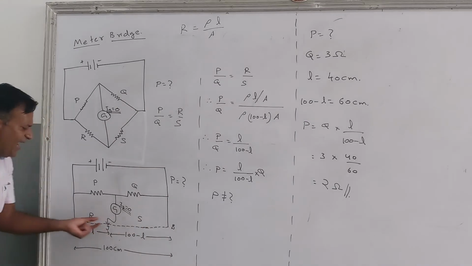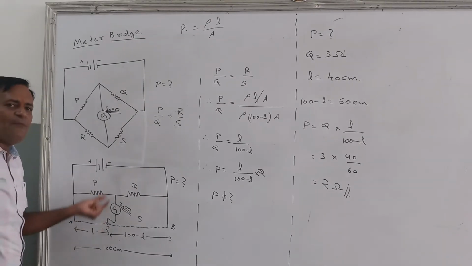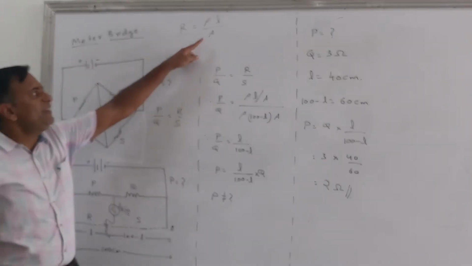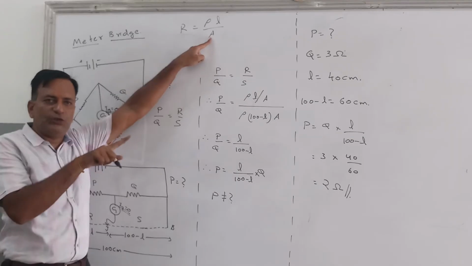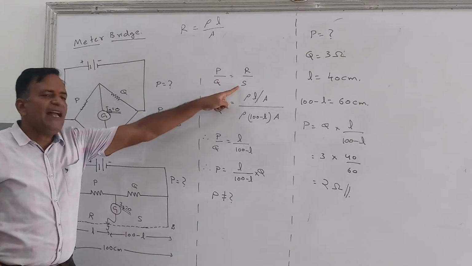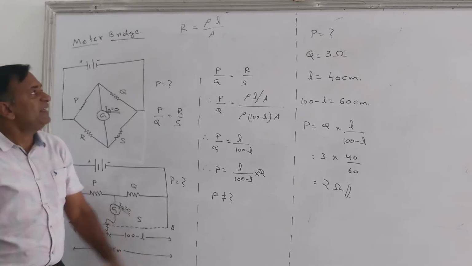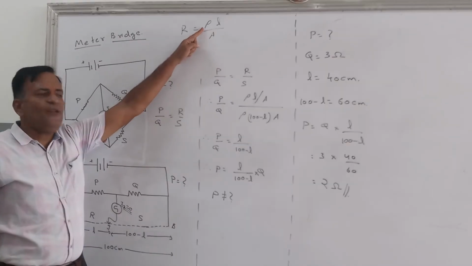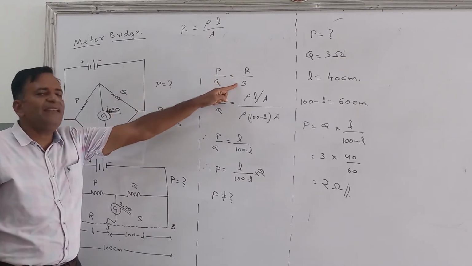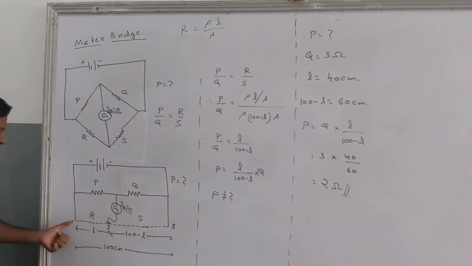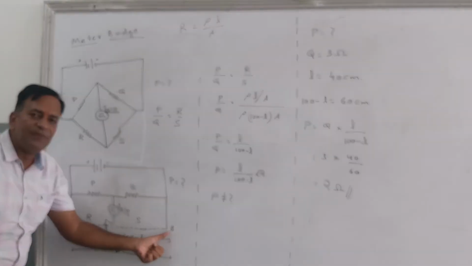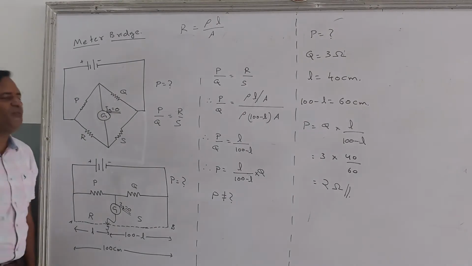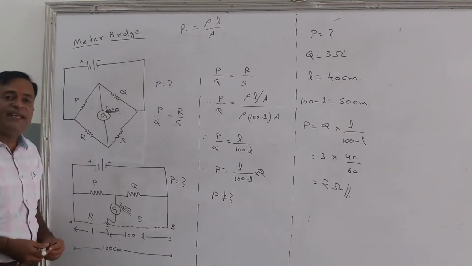This entire wire has the same cross-sectional area. That means A is the same for both R as well as S. Resistivity is the same for both R and S because from point A to point B, the wire is made of the same material.